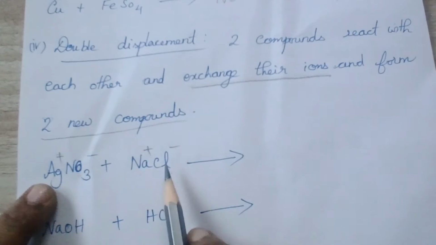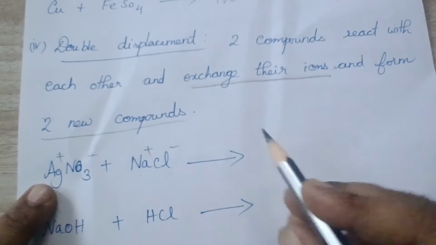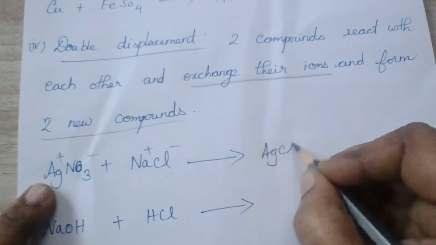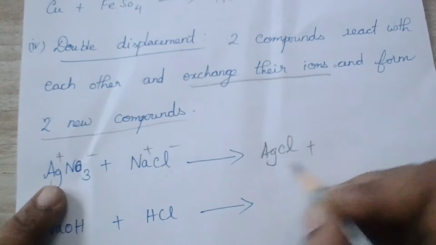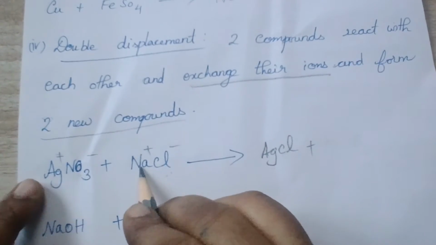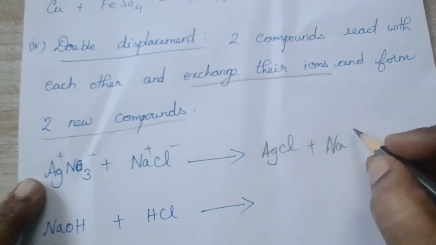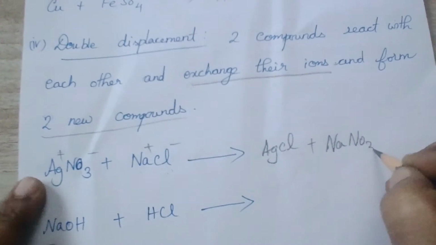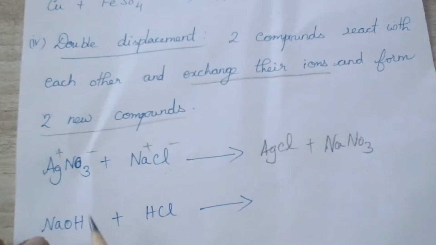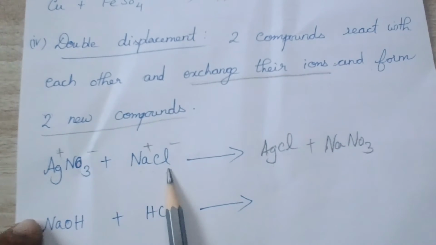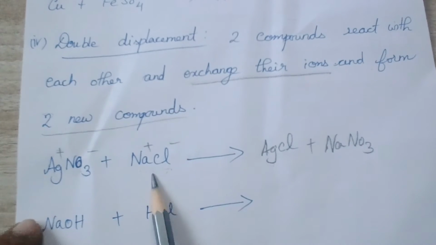This Ag will combine with this Cl minus, so silver chloride, plus sodium, this sodium will combine with nitrate. So NaNO3, sodium nitrate.